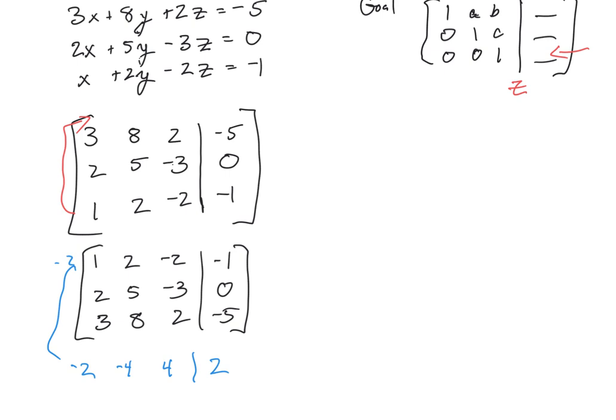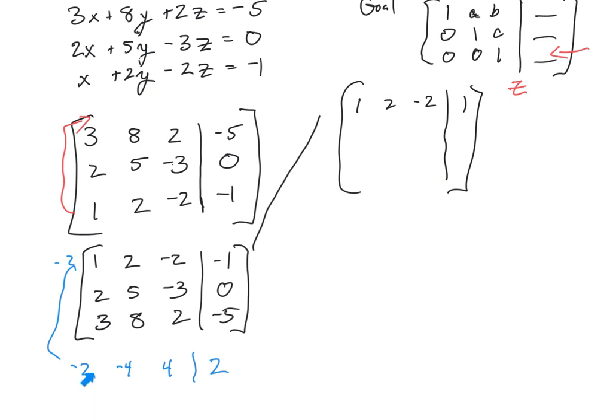And when I do that, I'll move over here. The top row stays the same as 1, 2, -2, and 1. -2 plus 2 is 0. Down here, -4 plus 5 is +1.